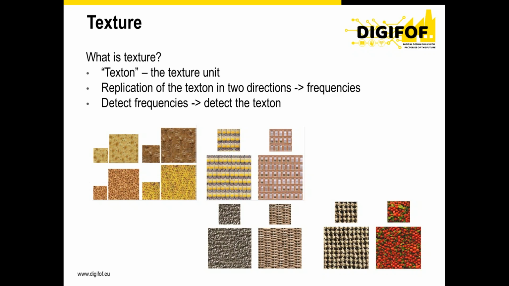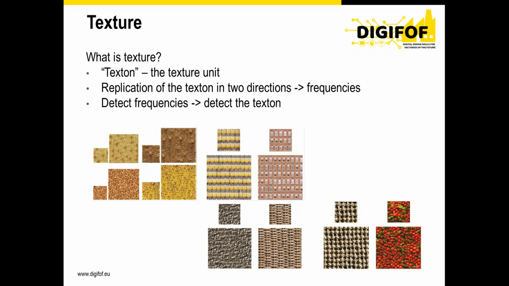This unitary composition of pixels is then replicated in two directions. Sometimes the directions are orthogonal, but some rotation is also possible to be found in the images.